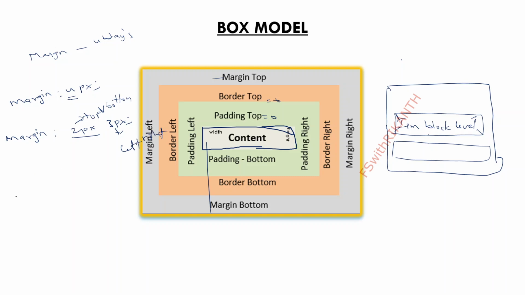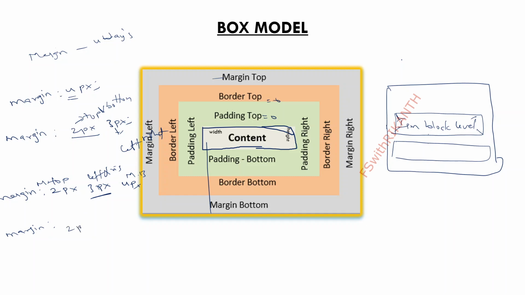One more way: margin 2 pixels, 3 pixels and 4 pixels. Here the first value is margin top, the last value is margin bottom, and the middle one is margin left and right.